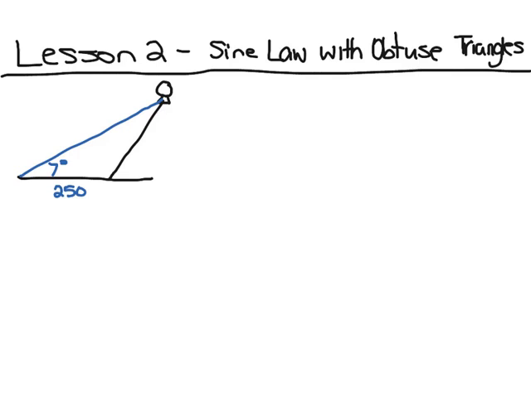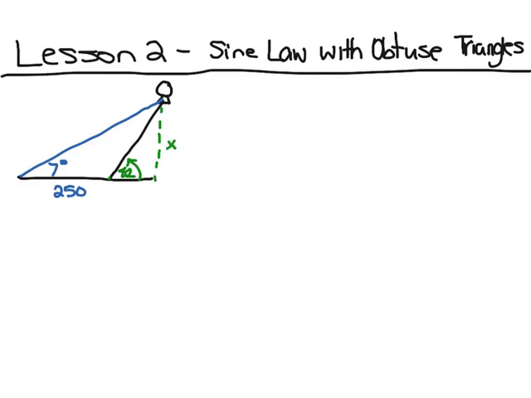Your friend is standing where the balloon is tethered and observes the angle of elevation to be 82 degrees. Find the height of the balloon above the ground. So we want to find how high it is above the ground.